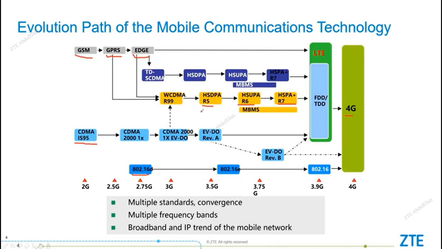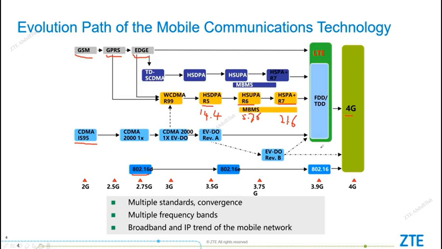For example, in HSDPA, the maximum data rate is 14.4 Mbps, HSUPA is 5.76 Mbps in uplink, and HSPA+ can reach a maximum of 21.6 Mbps in one carrier. Okay, so this is the 3G system, and they are all using CDMA technology.